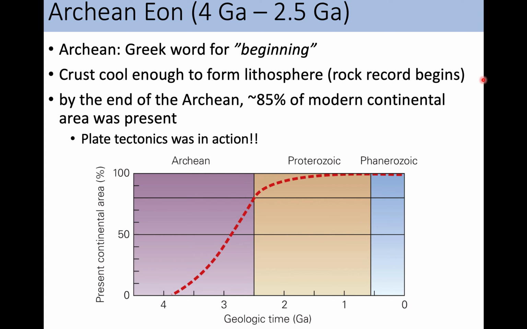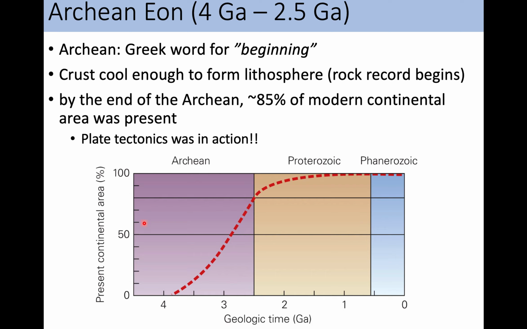We had about 85% of our modern continental crust present by the end of the Archean Eon. So 85% of the continental crust that we have today had already formed at this point, which means plate tectonics was already occurring. Plate tectonics, my favorite topic, began around this point in Earth's history.